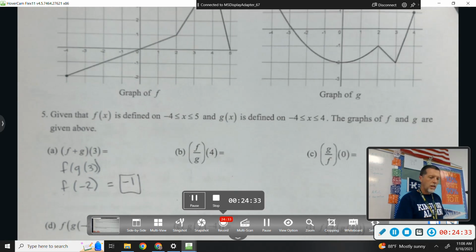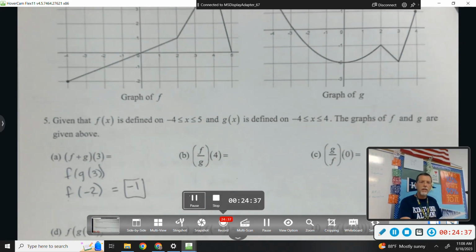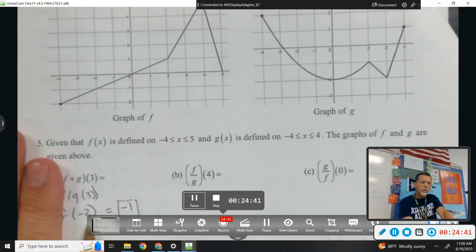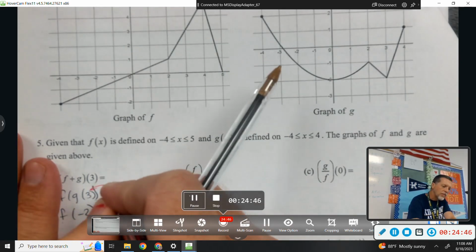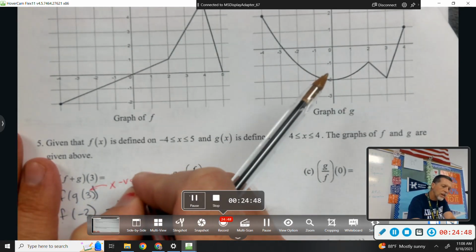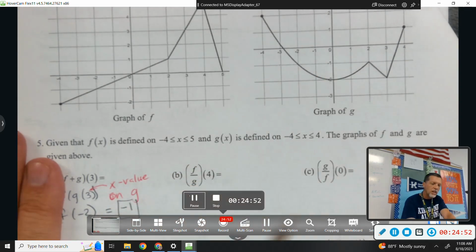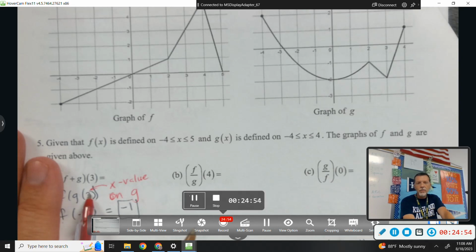I have a question. How do you get negative 2 on f of g and make 3? So how do I know g of 3 is negative 2? Okay, so the inside number is the x value, and it's on the function g. So I need to go to x equals 3 on the g equation.